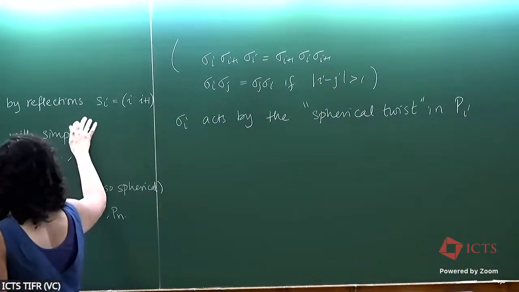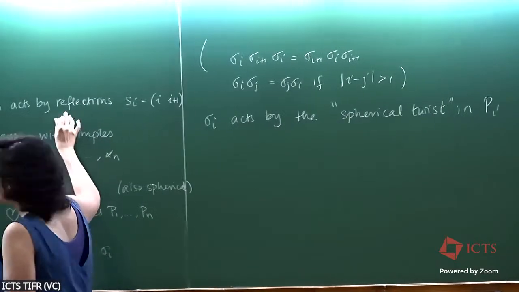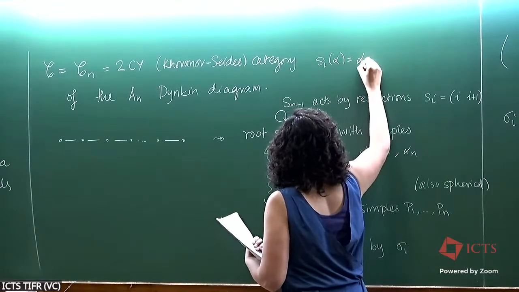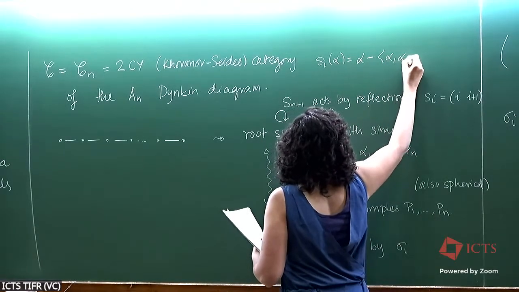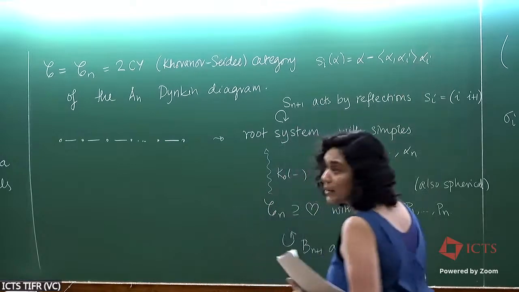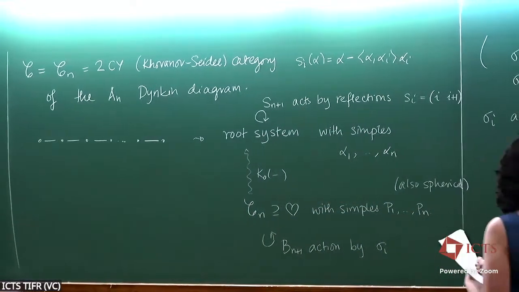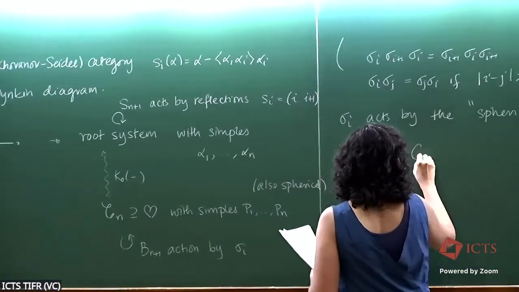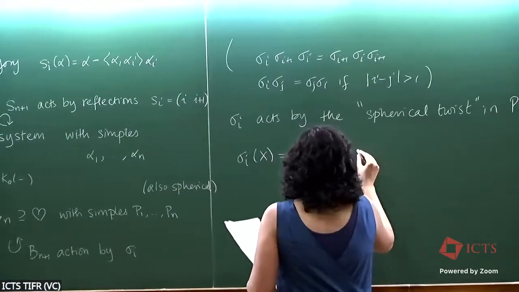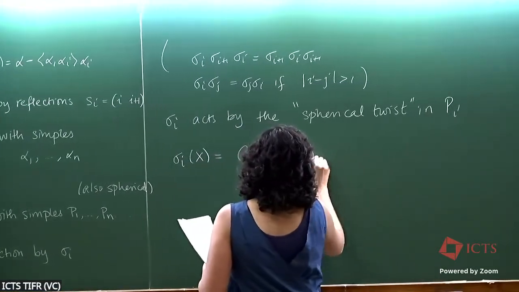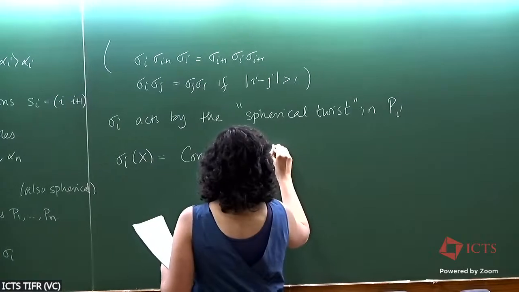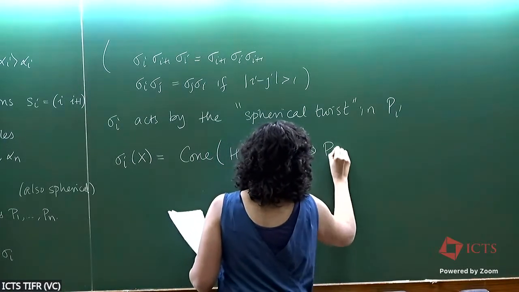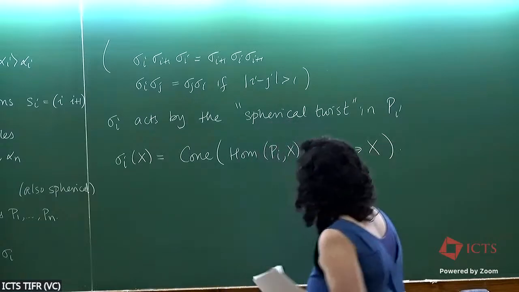Let me start with the formula for the reflection: s_i acting on some arbitrary alpha is alpha minus the pairing of alpha with alpha_i, times alpha_i. And the spherical twist sigma_i acting on some arbitrary x is the cone of some kind of complex like this.